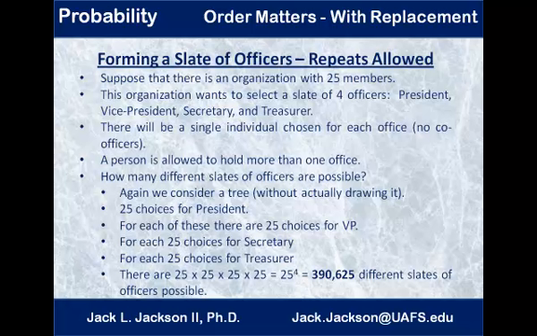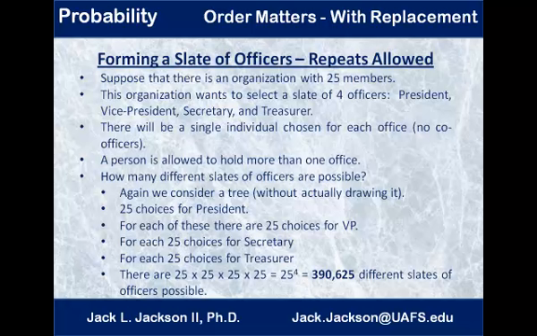So if you visualize the tree, you got your root and vertex going out to 25 choices for president. Each one of those goes to 25 choices for vice president. Each one of those goes to 25 choices for secretary, and each one of those goes to 25 choices for treasurer. So since they're all the same and each one's going out, we can just multiply.